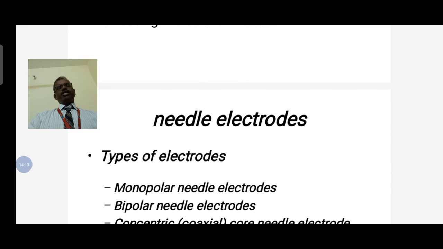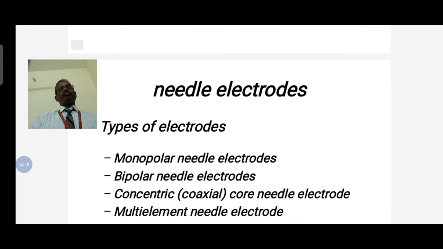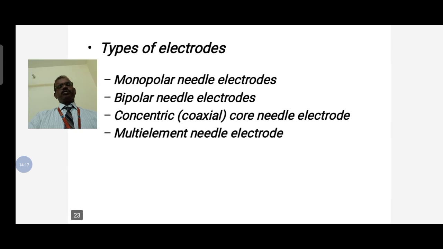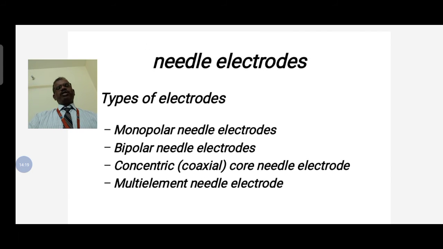What are the different types of needle electrodes? Monopolar needle electrodes, bipolar needle electrodes, concentric coaxial core needle electrodes, and multi-element needle electrodes.